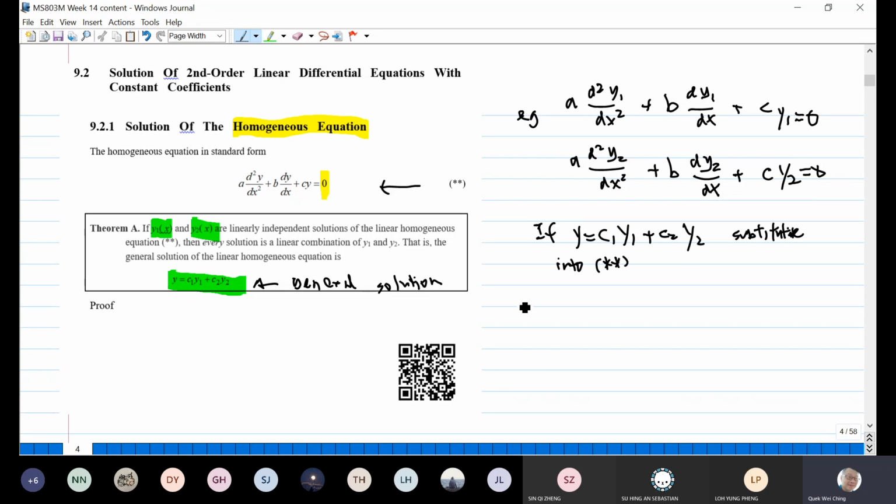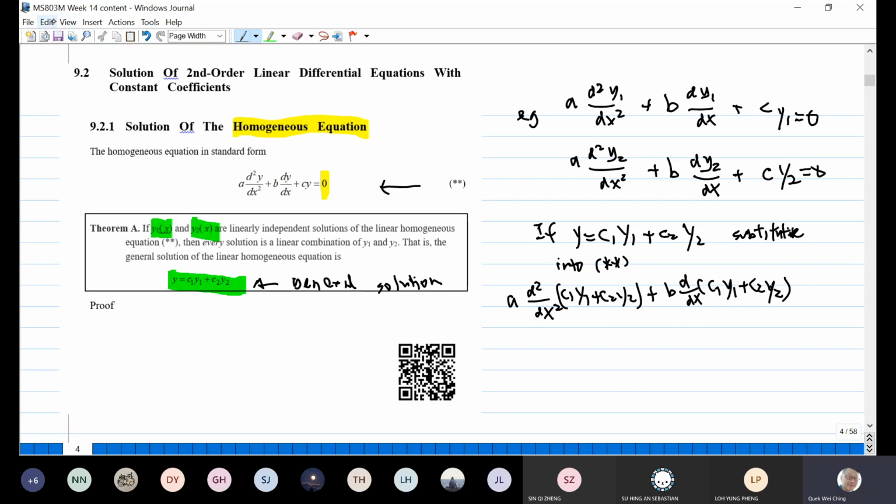Then you get a d2 over dx squared of c1 y1 plus c2 y2, plus b d over dx of c1 y1 plus c2 y2, plus c times c1 y1 plus c2 y2.